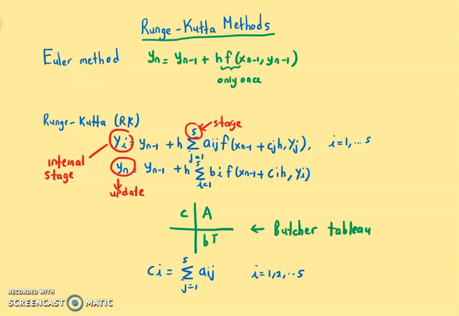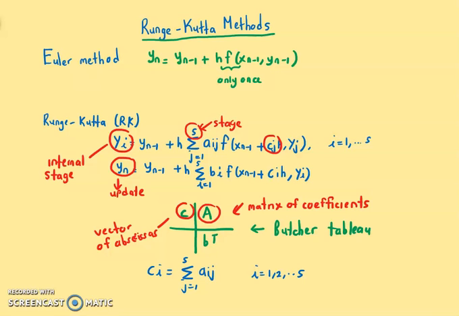So we can see that this c is the vector of abscissas, and this A is the matrix of coefficients, so it all contains numbers here.